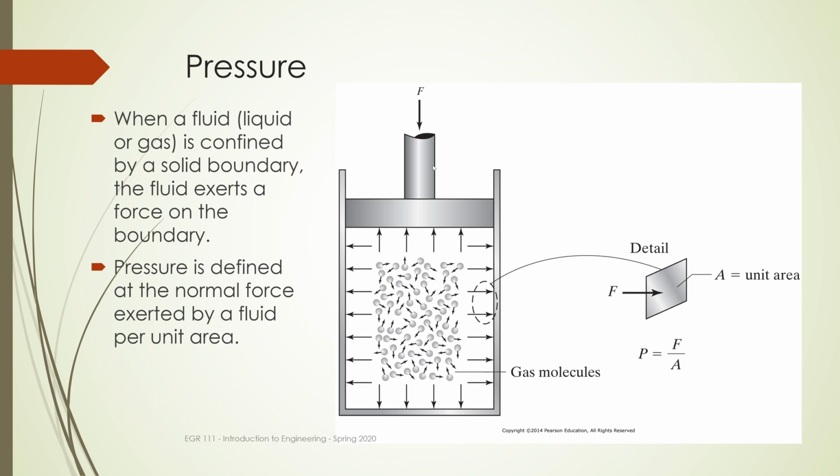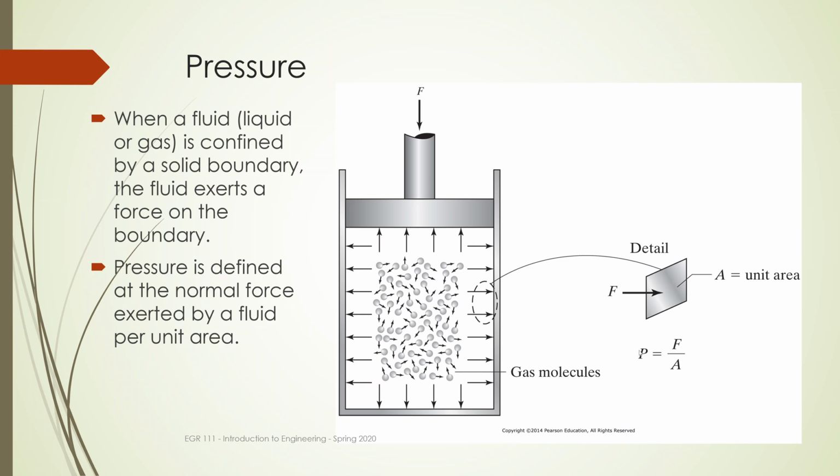For example, if the force was 10 pounds pushing down, and the cross-sectional area of the piston was 10 square inches, you would just have 1 pound per square inch of pressure. And that would be the pressure of the gas everywhere inside the cylinder. So it's quite easy to figure out.